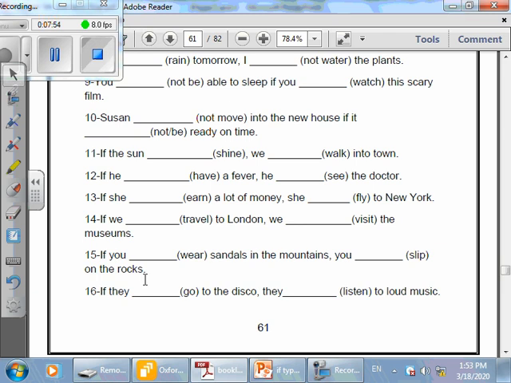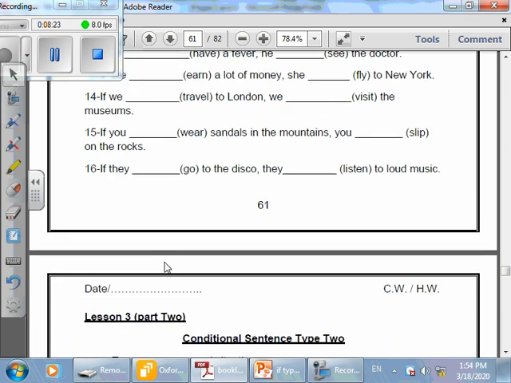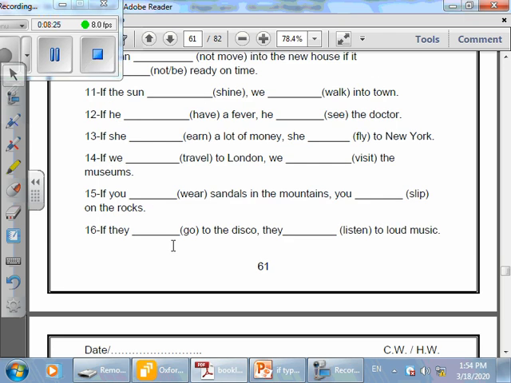If you wear sandals in the mountains, you slip on the rocks. If you wear sandals in the mountains, you will slip on the rocks. 16. If they go to the disco, they listen to the loud music. So the answer is, if they go to the disco, they will listen to loud music.